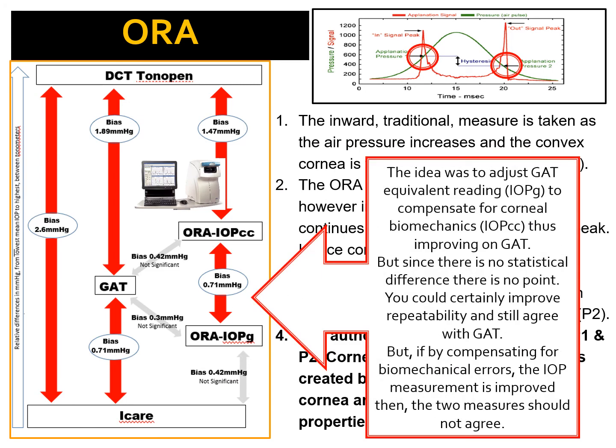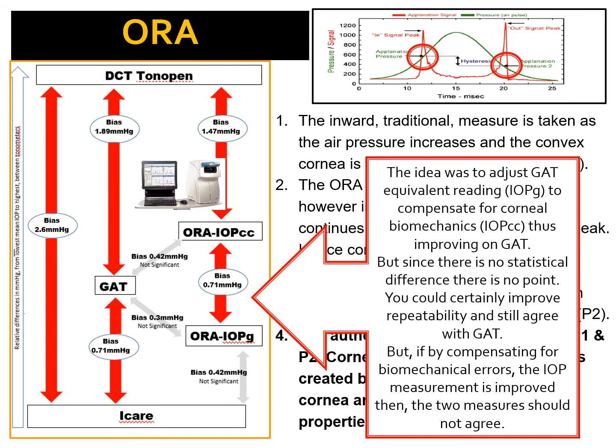So the idea, though, I've had emails with these characters. The idea was to adjust to a GAT equivalent reading. So they had an ORA IOP-G, which was their equivalent reading of a GAT reading, as a standard NCT would be. But they wanted to compensate it for corneal biomechanics, hence the IOP-CC.